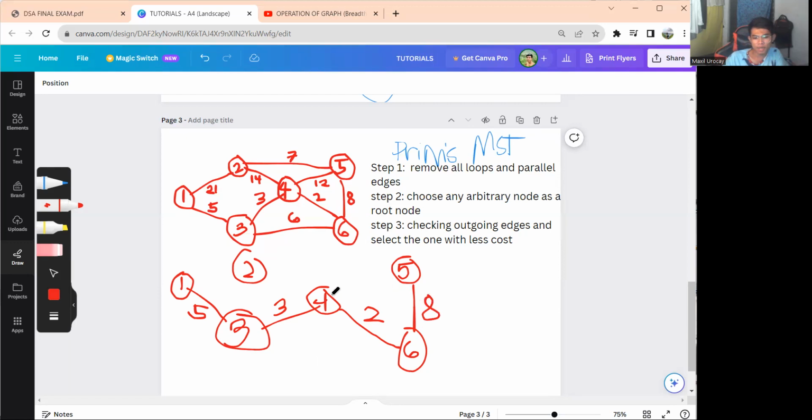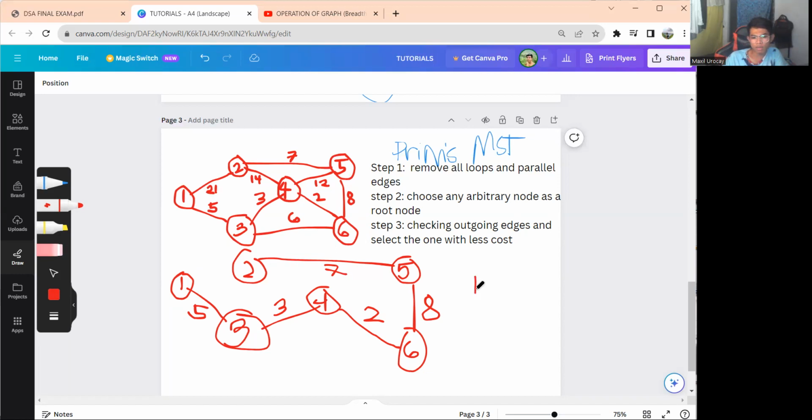From number 5, you can check. There is 7, there is 12, and there is 8. Since 8 is already being picked, you can go there at 7. So everything is already done here. All of the vertices are visited.